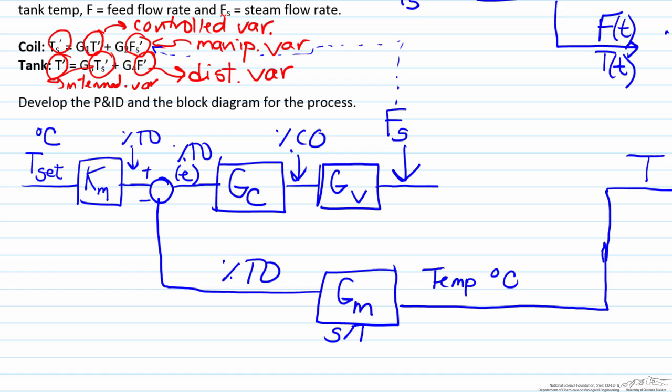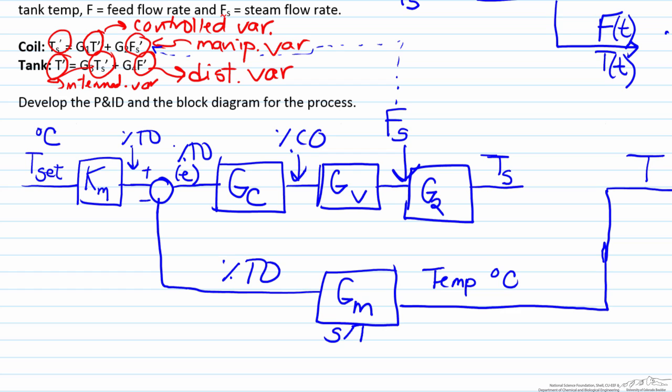But now the question is how do I get from the flow rate of steam to the temperature of the tank? We can see that the flow rate of steam and the temperature of steam are related by transfer function G2. So what will come out of G2 is the steam temperature.